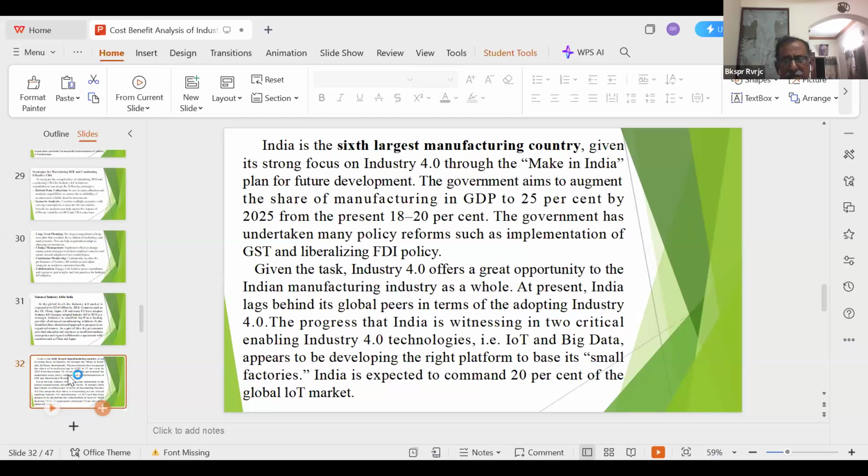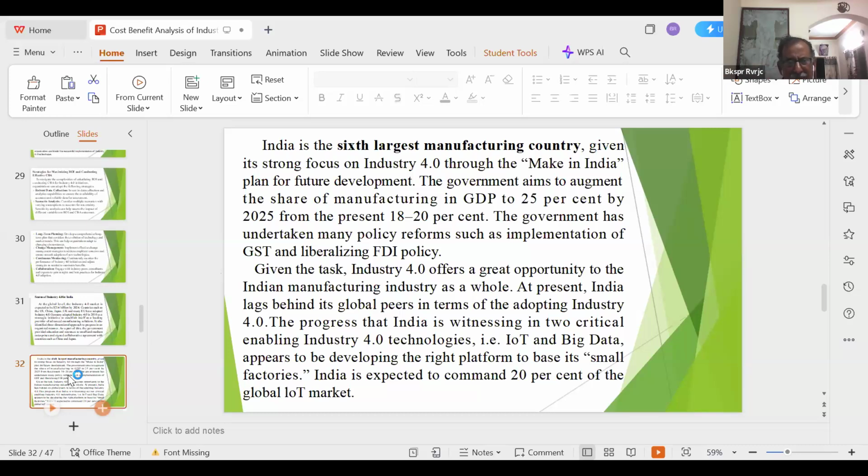The government has undertaken many policy reforms such as implementation of GST and liberalizing FDI policy. Industry 4.0 offers a great opportunity to the Indian manufacturing industry as a whole.